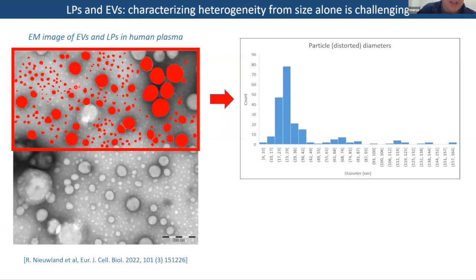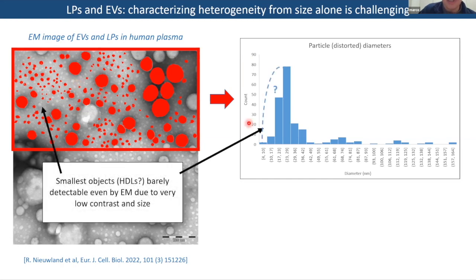But it's not a problem with the image. Even in the best EM images, the smallest LPs don't have enough resolution, and they are so small that it's very difficult to automatically count them. So we are probably underestimating the abundance of very small LPs here. Okay.